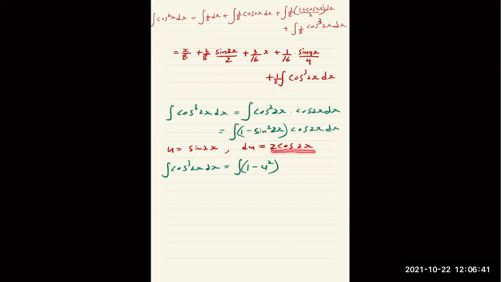Cosine 2x dx is du divided by 2, or 1/2 du. I'll pull the 1/2 out, and then you get u minus u to the power 3 over 3.